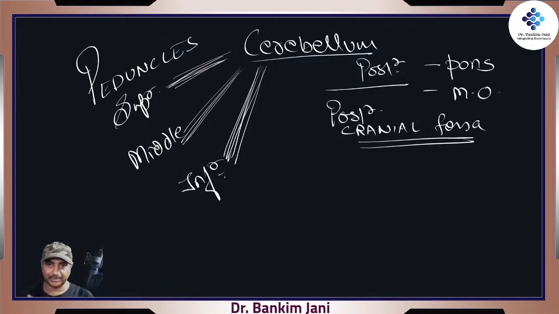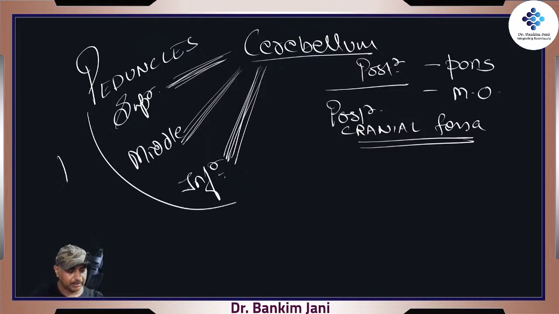We'll go into the detail of what exactly connects with what, and which are afferent and which are efferent. But in simple words, superior, middle, and inferior peduncle, and all of them are connected with the brainstem and spinal cord.